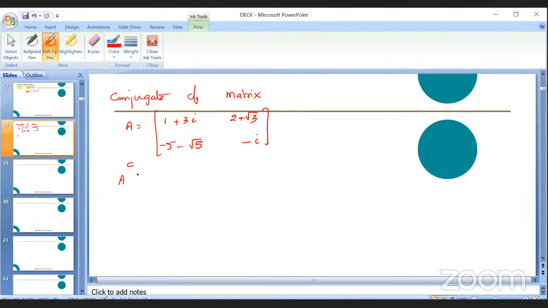Then A conjugate or A bar will be: conjugate of 1 plus 3i is 1 minus 3i. Conjugate of 2 plus root 3 is 2 minus root 3. Conjugate of minus 5 minus root 5 is minus 5 plus root 5. Conjugate of 0 minus i is 0 plus i. This is called conjugate matrix.